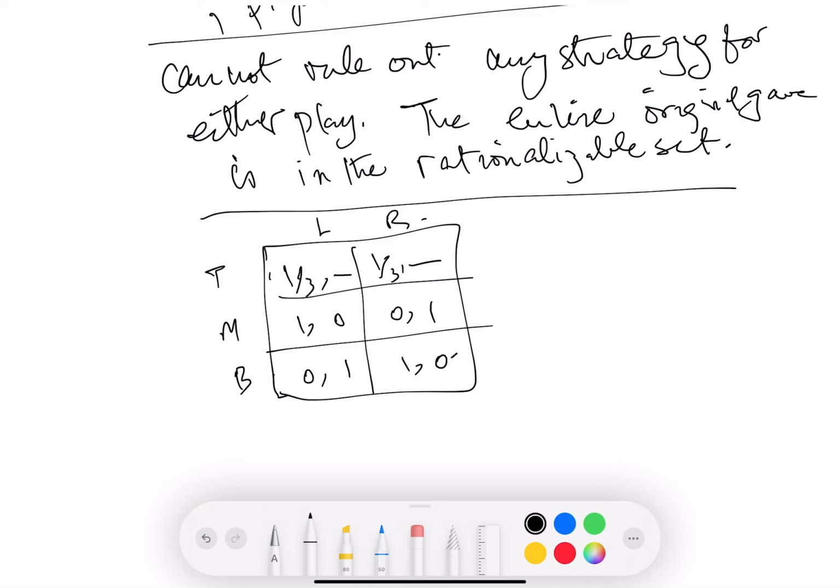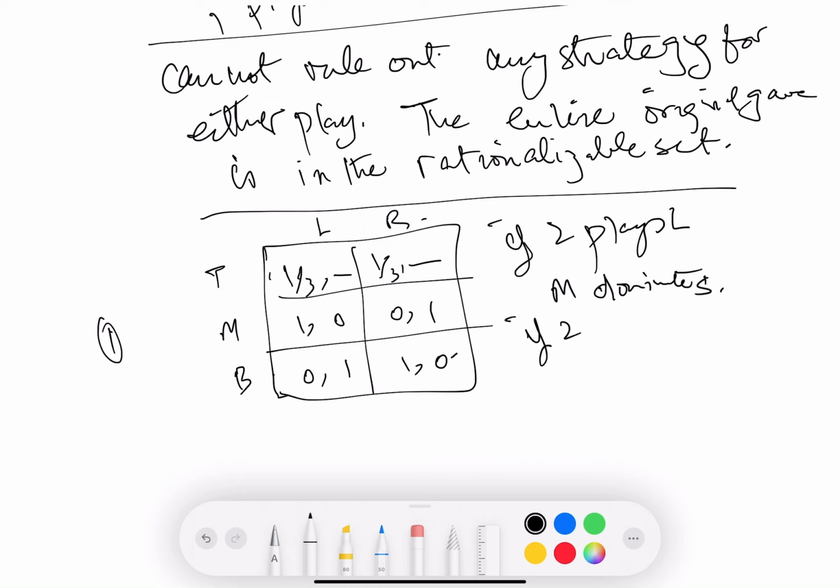So look at it from player one's point of view. If 2 plays L, M dominates, right? 1 is greater than 1/3, 1 is greater than 0. If 2 plays R, B dominates, right?